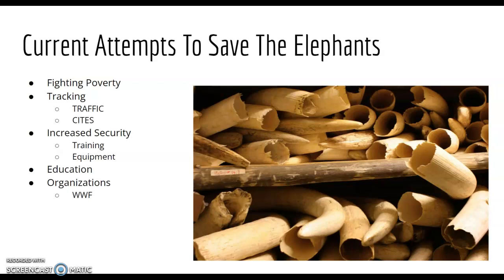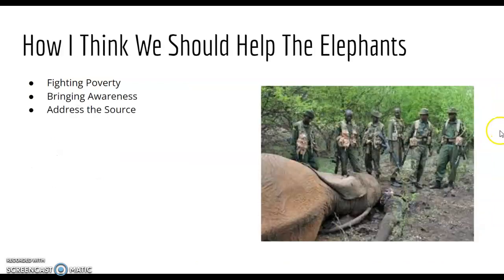Another thing is we're upping security in areas where elephants live. They are training people and equipping them with proper equipment, hopefully to deter poachers. The other thing is there's a lot of education going on out there trying to bring awareness. And there's a lot of organizations out there such as WWF that particularly focus on helping elephants.